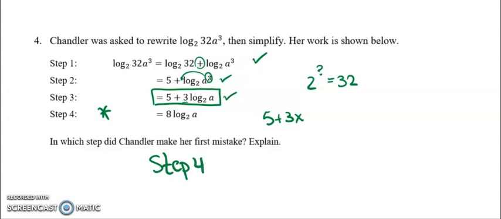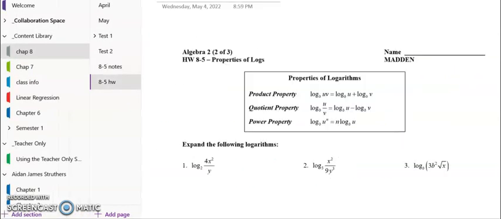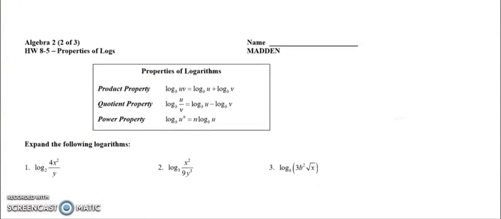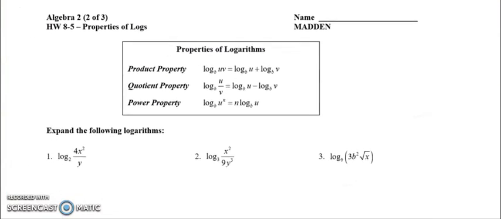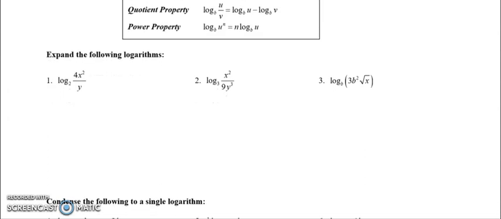not alike. All right, and then I want you to flip over to the homework page. I wanted to look over that real quick. We've got our rules here. Multiplication, addition, division, subtraction, power becomes a coefficient. All right, so these here, expanding the logs, you should be able to handle those.